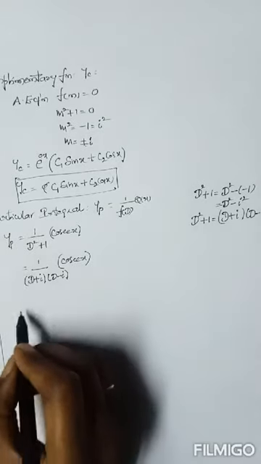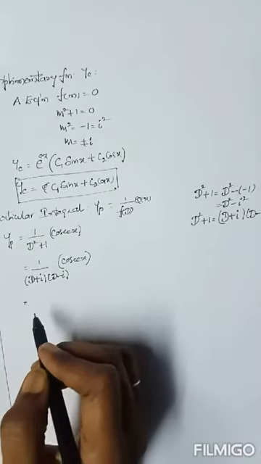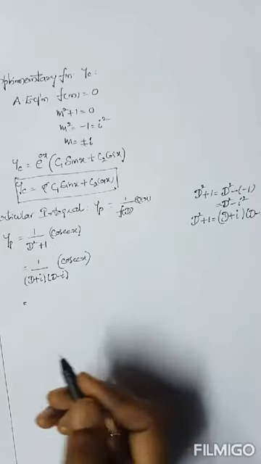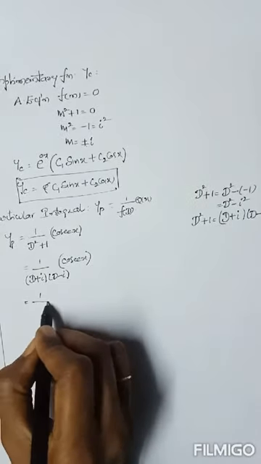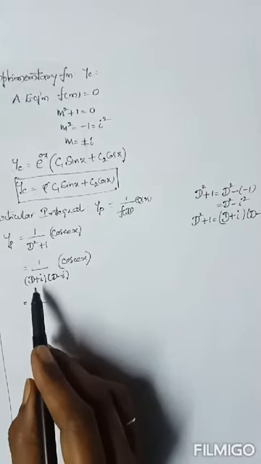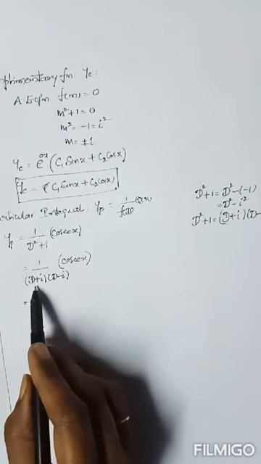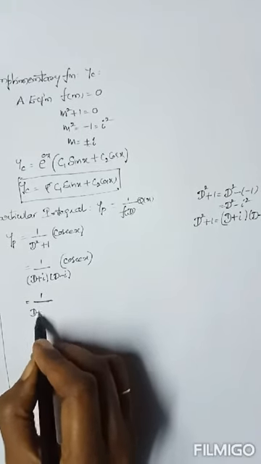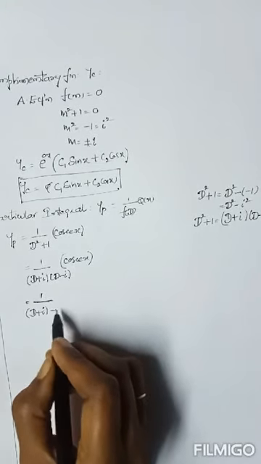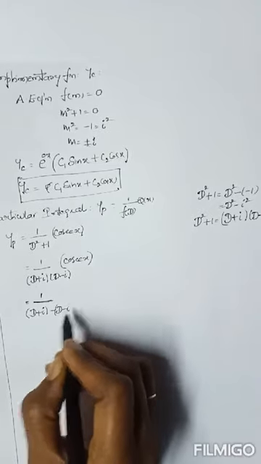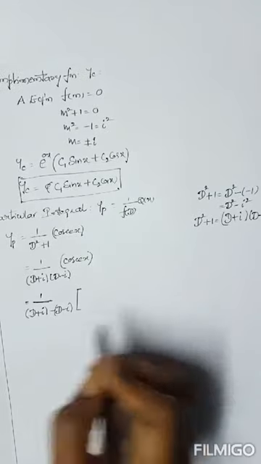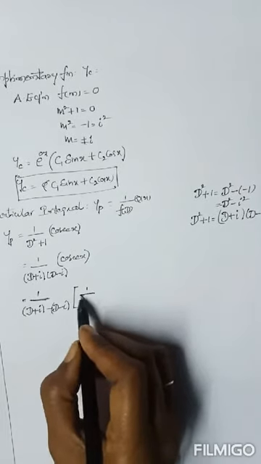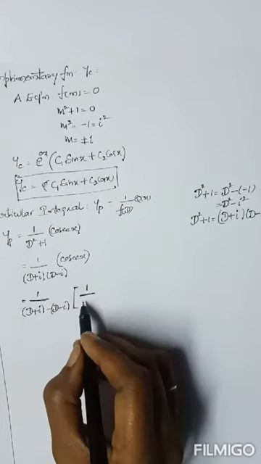After that, we require partial fractions of this one. Partial fractions can be obtained by taking a shortcut rule: 1 by the higher factor minus the lower factor. Which one is the higher factor out of the two? This is. So the shortcut rule: D plus i minus D minus i in the bracket. Next within the bracket, 1 by the lesser factor minus 1 by the higher factor.